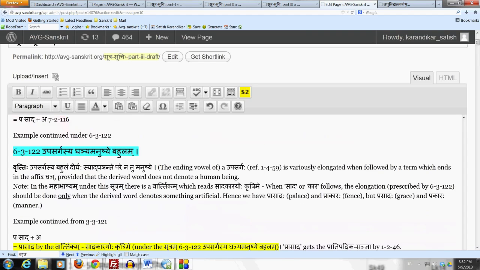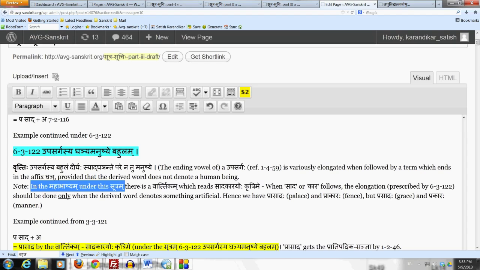We do have an upasarga pra, which ends in a vowel. It's followed by the term sada, which ends in the affix ghai, so all the conditions are satisfied. So now there would be a long aakara in place of the akara of pra, which would be done variously. But then comes a vartikam in the Mahabhashyam.